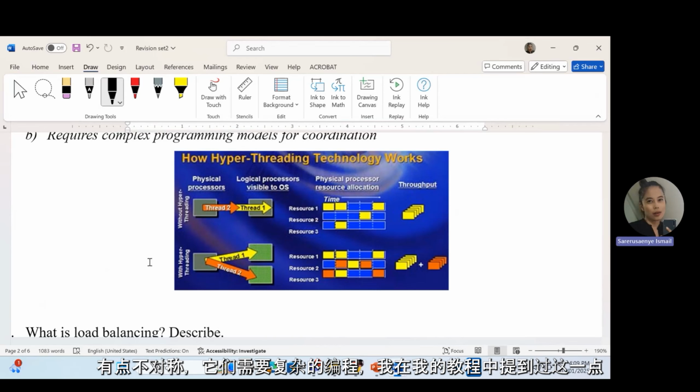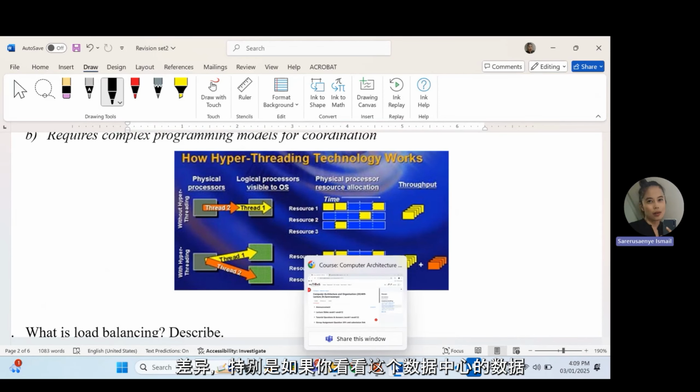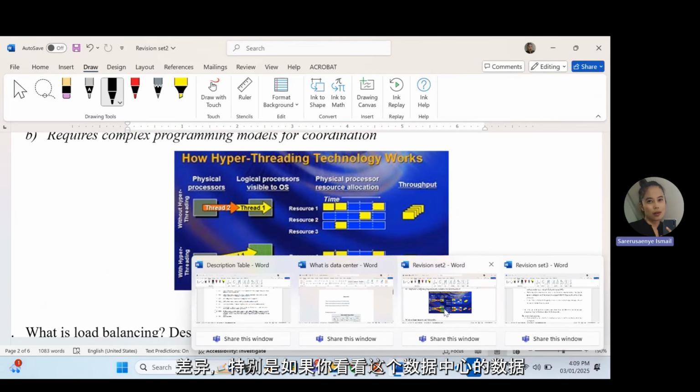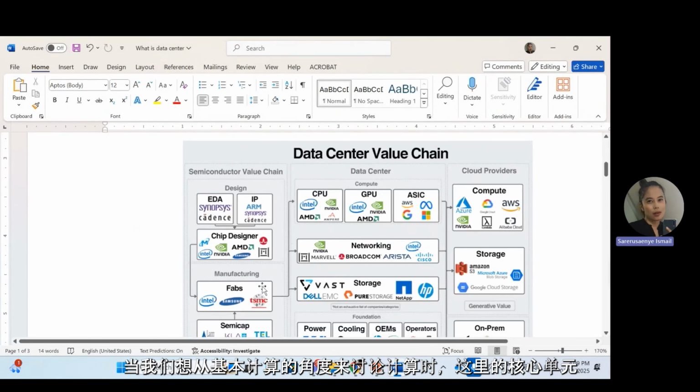I did mention this differences in my tutorial, especially if you look at the data center unit here.